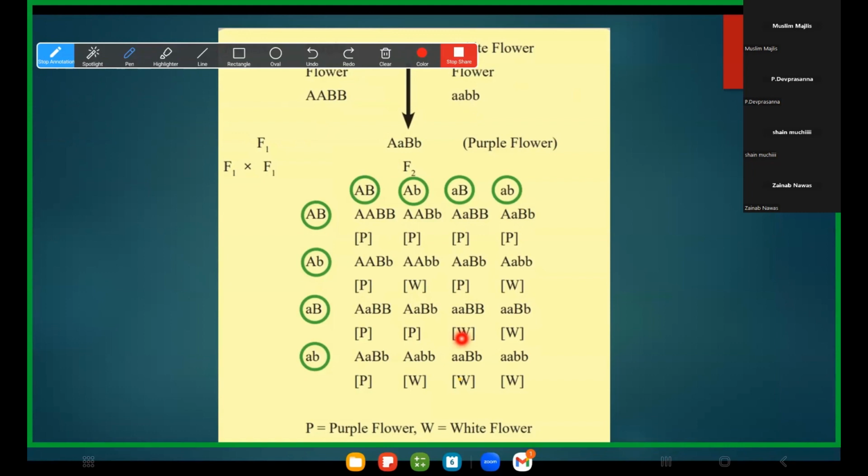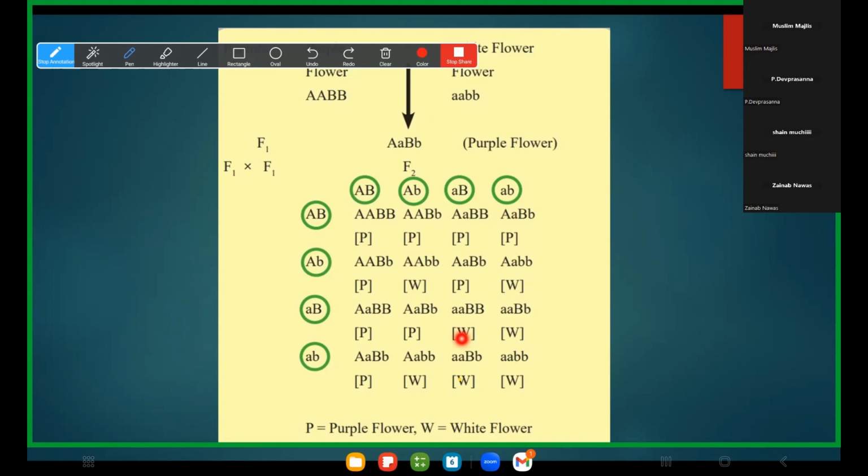When they are crossed, they would give an offspring with the allelic combination capital A, simple a, and capital B, simple b, and they would express the color purple. Why? They have dominant alleles at both allele sites. Both the alleles are dominant.